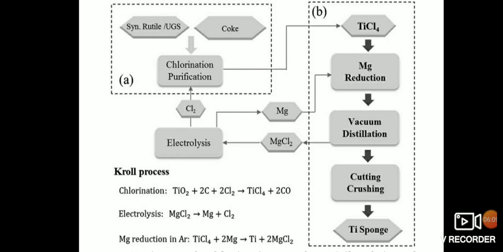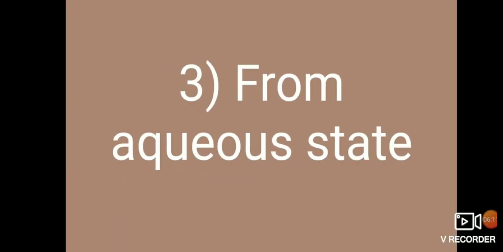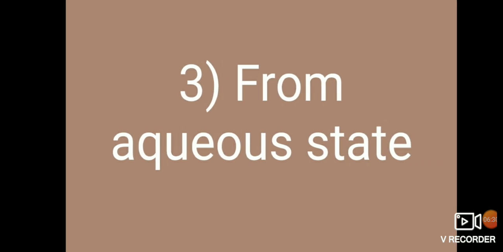So the third one is production of powder by the chemical method from the aqueous solution, as in the precipitation of cement copper from copper sulfate solution with iron, or the reduction of an ammoniacal nickel salt solution with hydrogen under pressure.